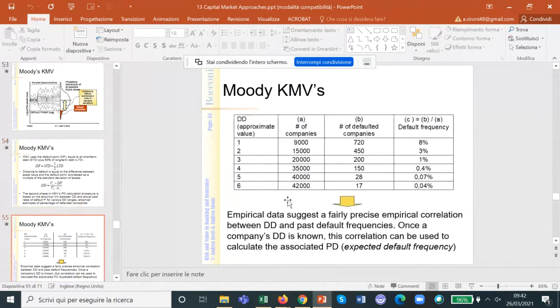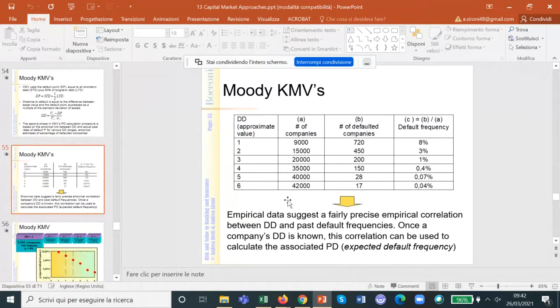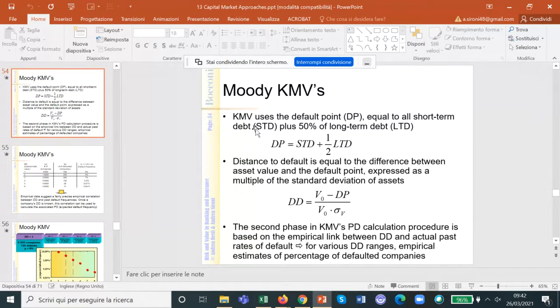The second phase in the KMV calculation of PD is very much empirical. What they do is take a large number of listed companies and compute their distances to default, by looking at the default point and the distance to default using the standard deviation of the asset and the asset values that are computed using the framework we saw before, i.e. based on equity value and standard deviation of the equity.